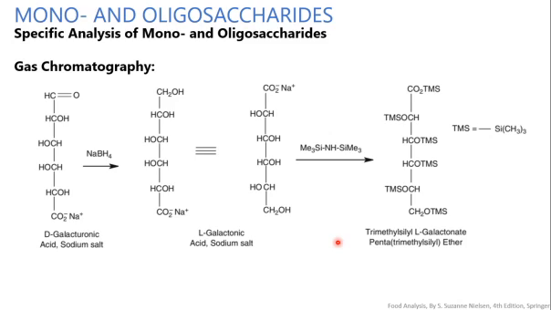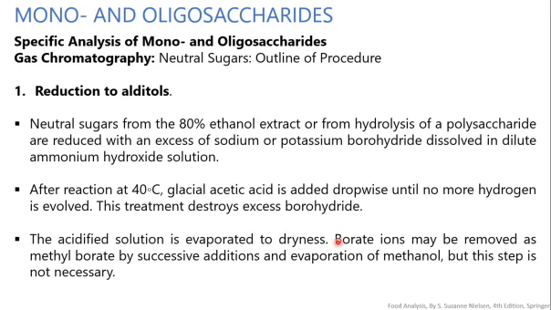So this is another one, a pentatrimethylsilyl ether is formed. So this trimethylsilyl galactonate pentatrimethyl ether is volatile in nature, and that's why it is also used in the analysis of that particular carbohydrate by using GC.